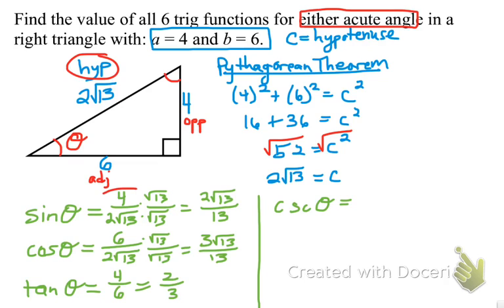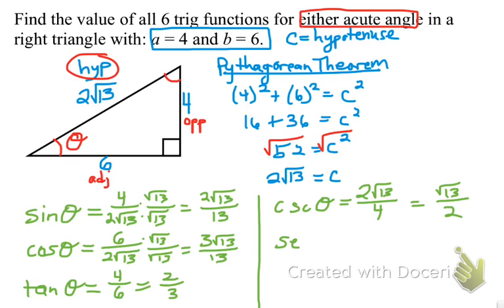So I'm going to take the hypotenuse over the opposite, and by doing that we will not have to rationalize. So 2 root 13 over 4 reduces to root 13 over 2.